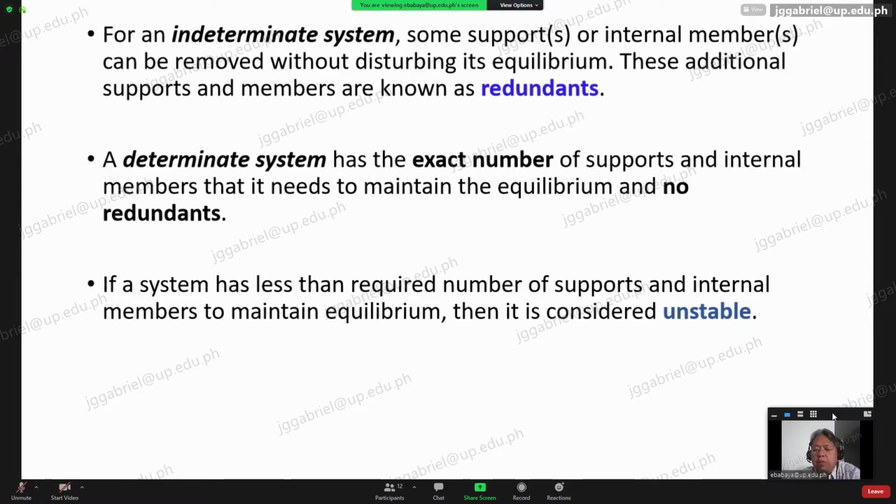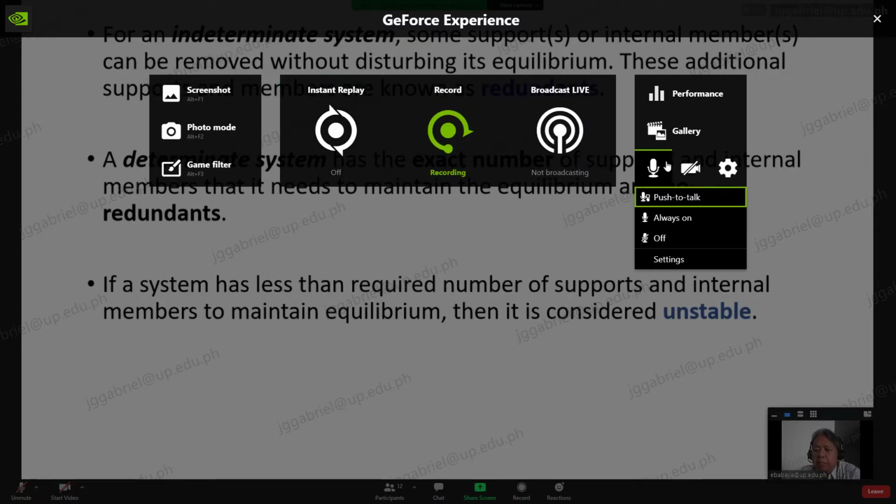Why do you think in most cases there are redundant supports or redundant members? In your opinion, why? Any guess?